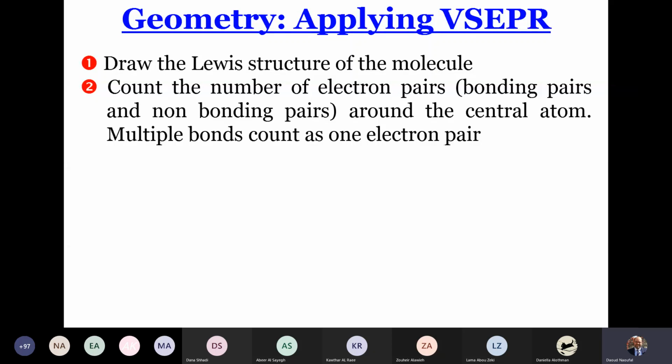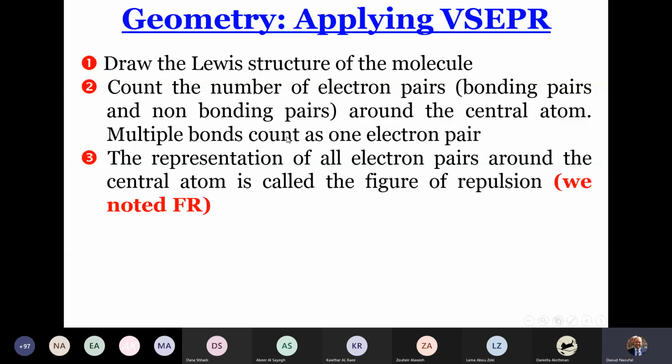For example, if you have a double bond A, B, and A is the central atom, this is counted as one EP. So the single bond and the double bond and the triple bond are counted as one EP in VSEPR theory.